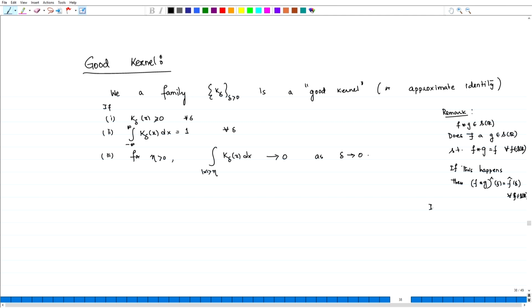In particular, take f(x) equal to e to the power minus pi x square. Then we get e to the power minus pi xi square times g hat of xi equal to e to the power minus pi xi square. Now, we know that e to the power minus pi xi square never vanishes. This will imply that g hat of xi is equal to 1 for all xi.